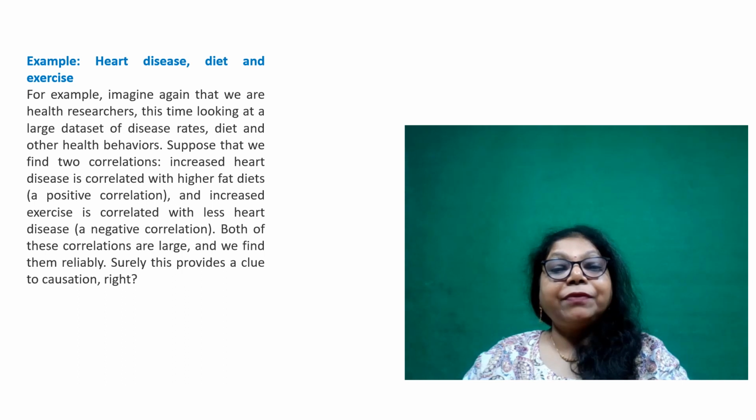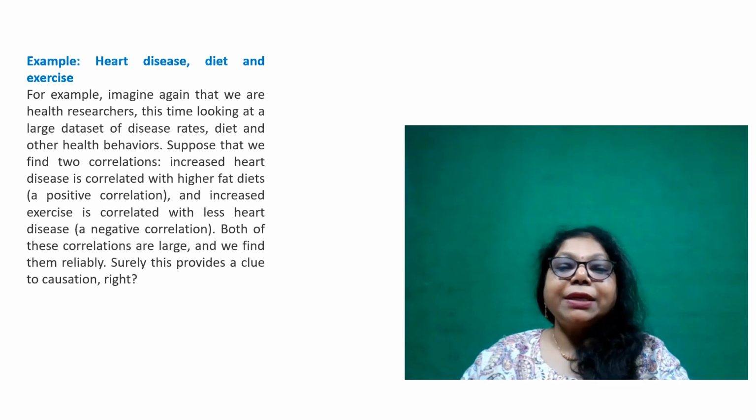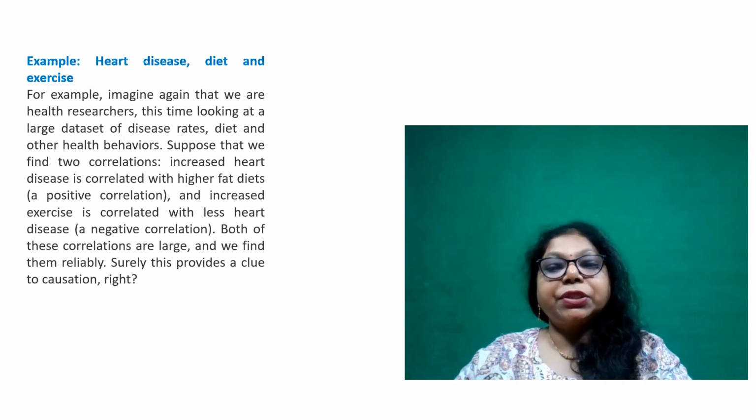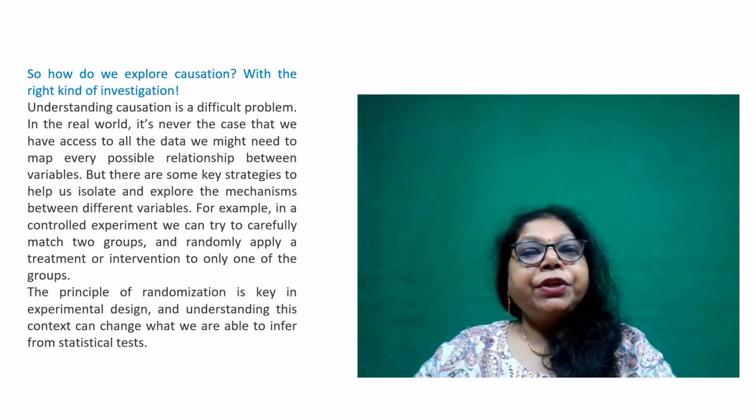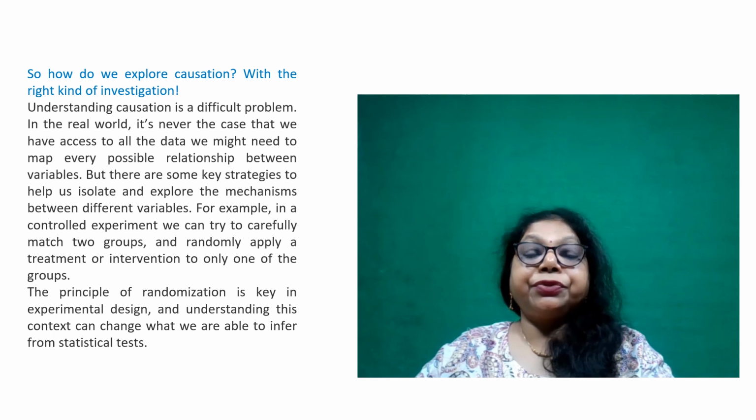In this example, we notice that our causal evidence was not provided by the correlation test itself, which simply examines the relationship between observational data, such as rates of heart disease, and reported diet and exercise. Instead, we used an empirical research investigation to find evidence for this association. So we need to explore the causation. What is the right kind of investigation we should do in order to explore it?